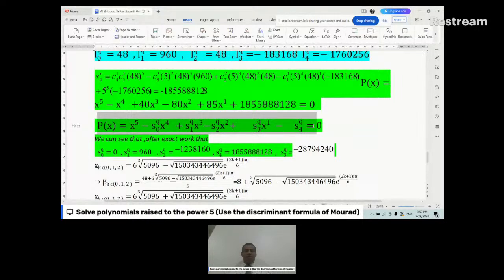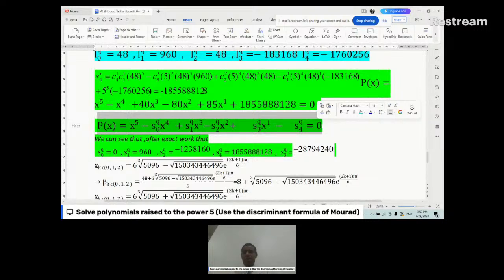So this is the new fifth polynomial equation that you obtained from the discriminant formula of Mourad Sultan Ezouidi, from the original fifth polynomial equation that we started with at the beginning.